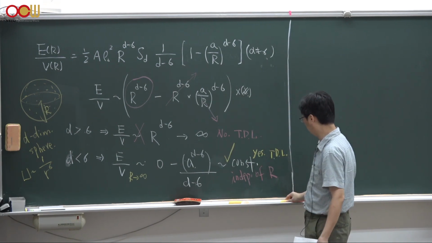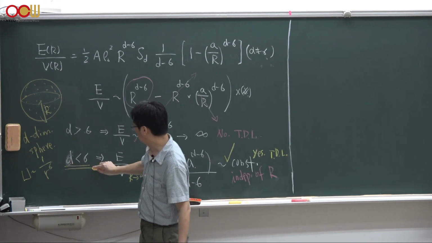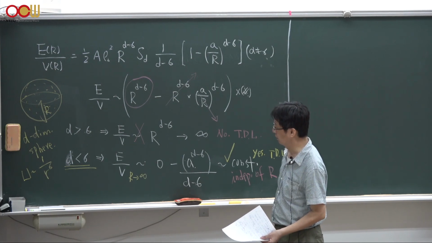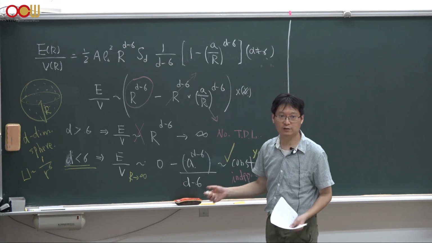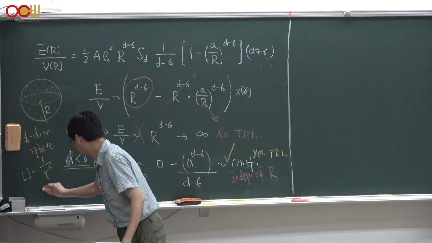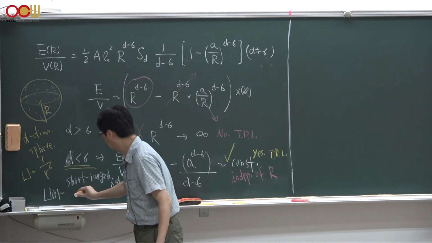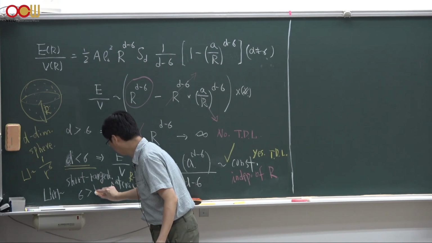We do have a thermodynamic limit if and only if the dimensionality is smaller than the power law exponent of the interaction strength. In other words, in order to have the thermodynamic limit, we need to restrict the interaction to be a short-range interaction, namely sigma greater than your dimensionality.